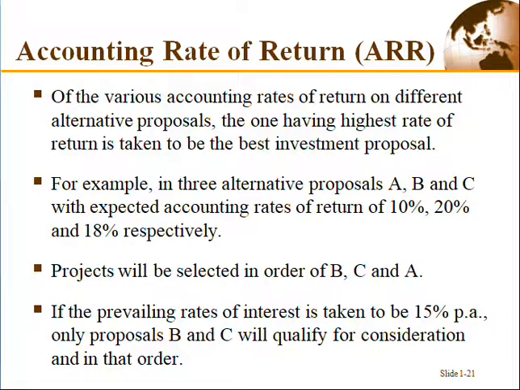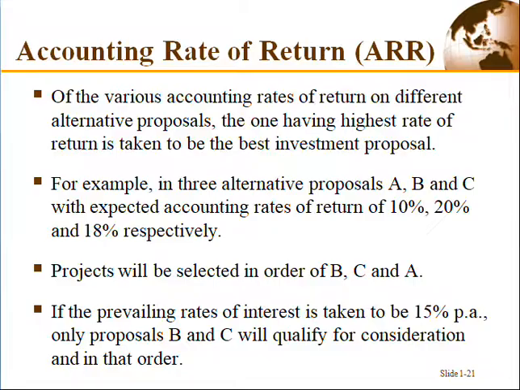So if the various accounting rates of return are considered for all the proposals, or if for instance I have 50 million to invest, what my investment analyst is supposed to do is to do all this analysis and advise me that if I invest in business A, I'm going to get a return of 10%.